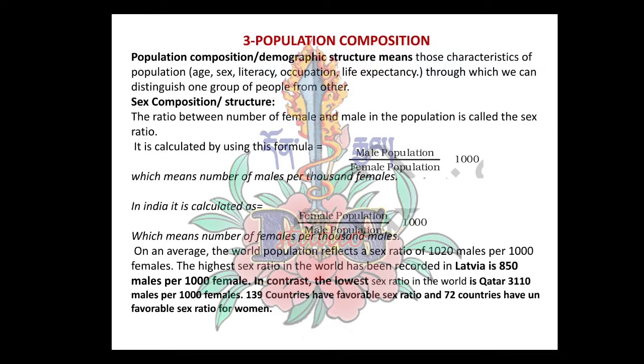What is meant by population composition or demographic structure? It means those characteristics of population such as age, sex, literacy, occupation, life expectancy. With the help of these characteristics we can distinguish one group of people from another.